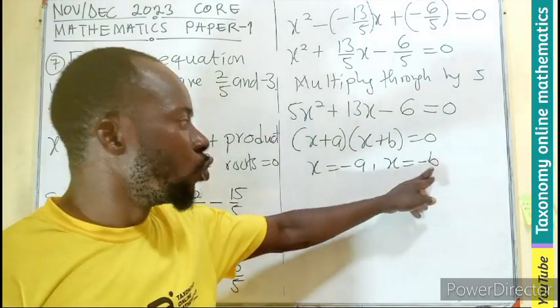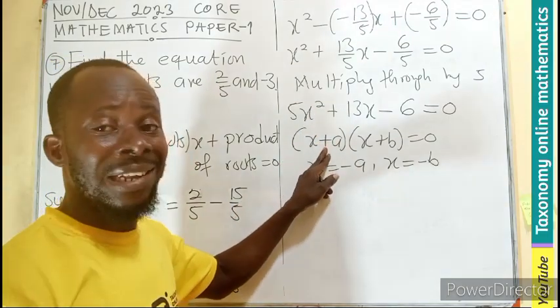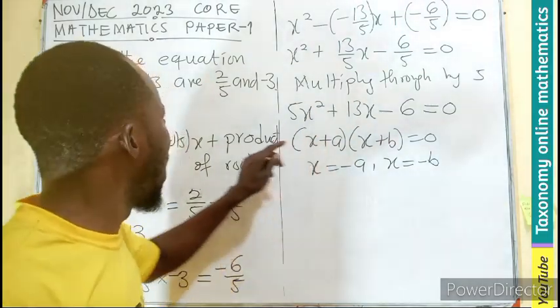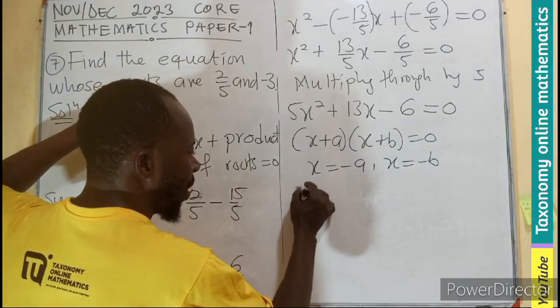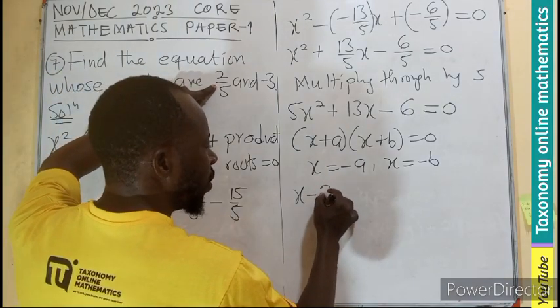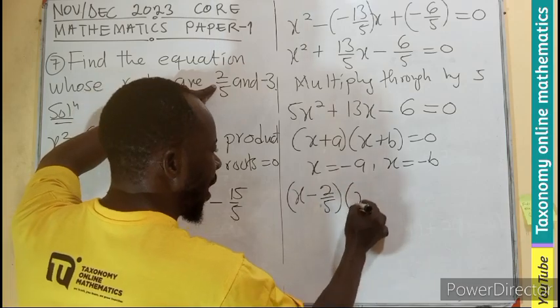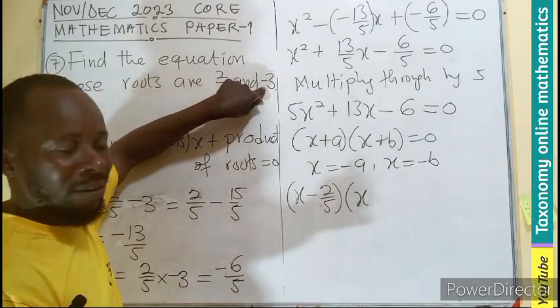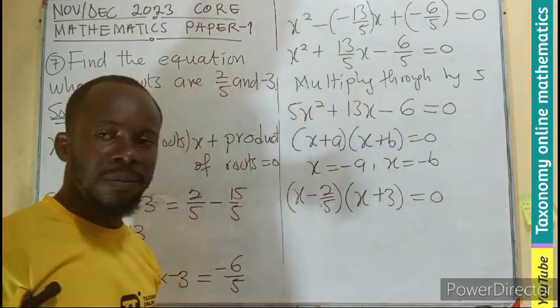Meaning if these are the roots of the equation, when they are sent back into the multiplication, their sign changes. So I can do the same thing here by saying that the equation will become (x minus 2/5)(x plus 3) equals 0.